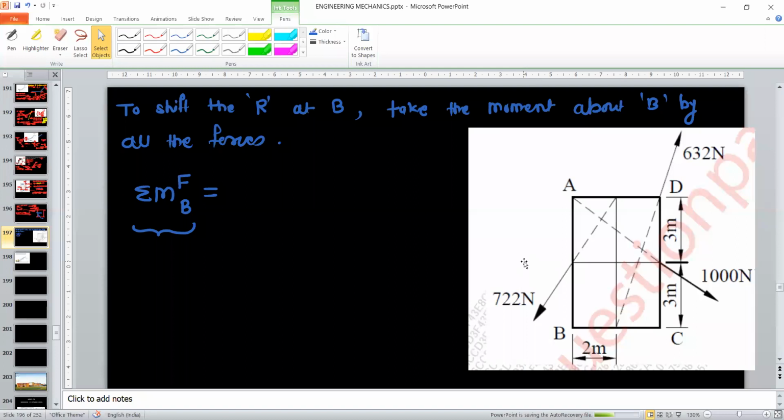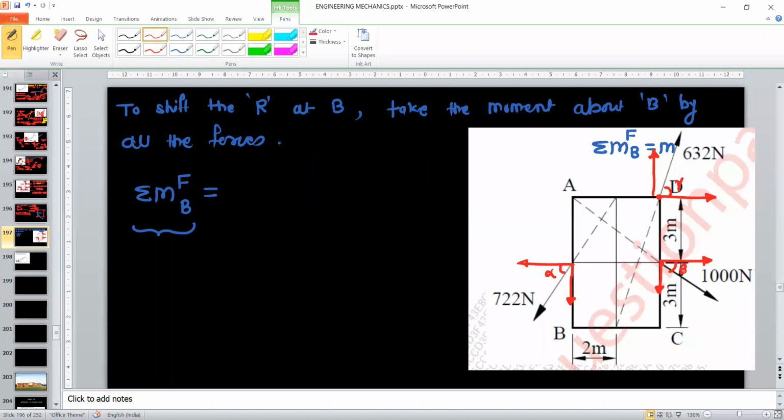Here we have already resolved the forces, so I will show the components. This angle is alpha, this angle is gamma, and this is beta.